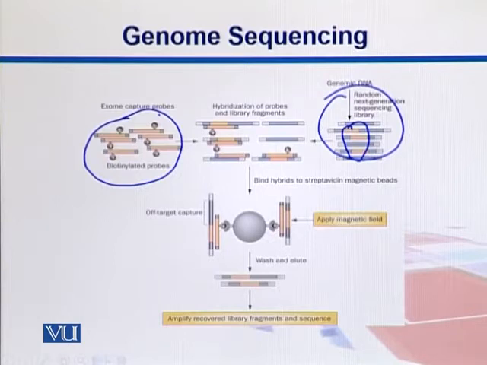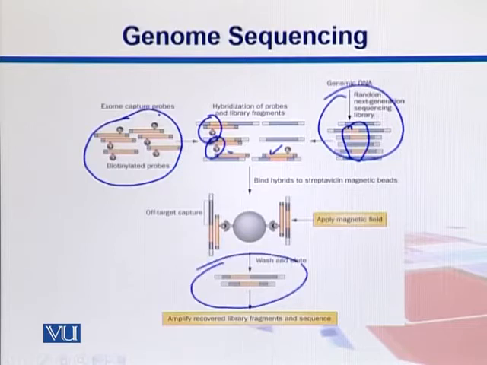In this way, we capture the exons in which we are interested. They are then reacted with special beads and attach there, so we can take them out, amplify them, and send them for sequencing. So we have captured some specific regions in which we were interested.